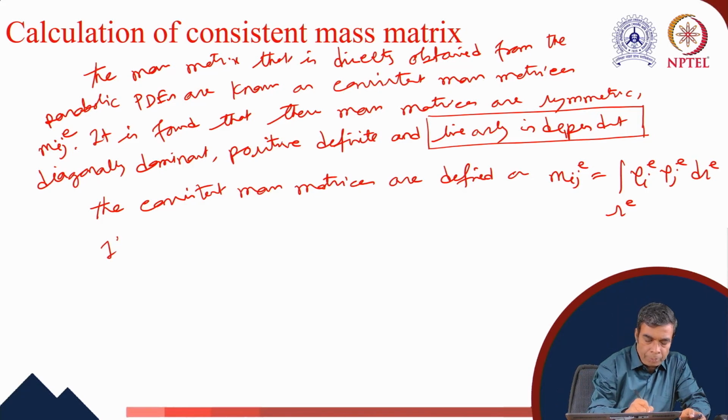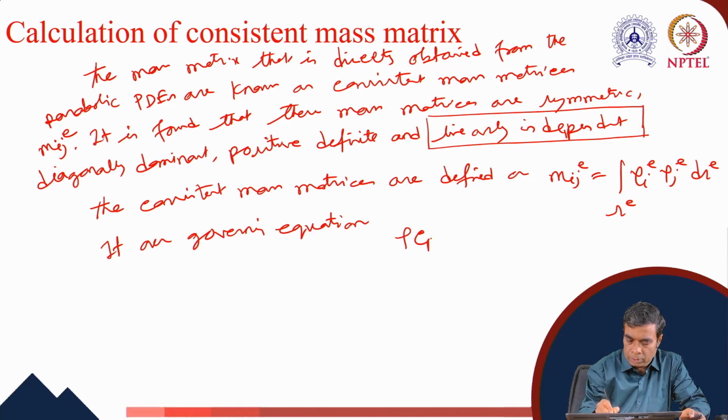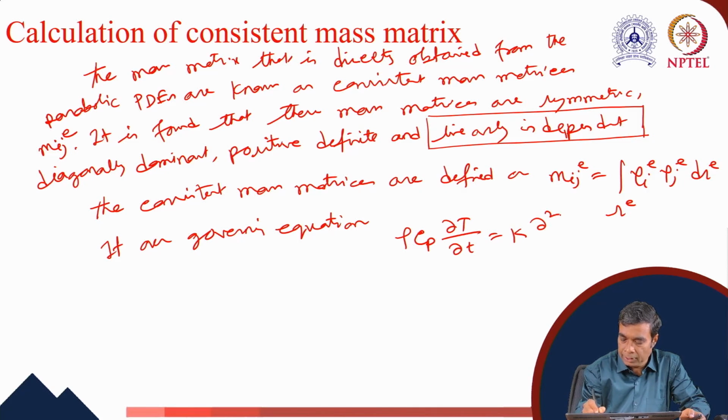So if our governing equation, the unsteady heat diffusion equation, in one dimension, we write it as rho Cp del T del t equals K del 2T del X2. Suppose let us ignore the source term. This is only for illustration purpose.